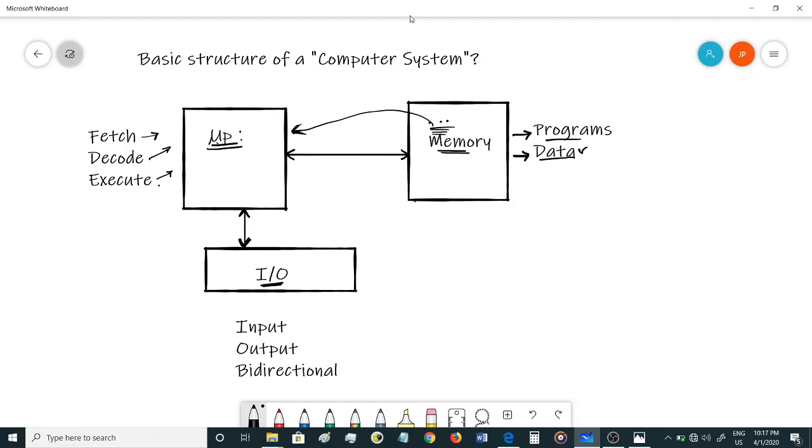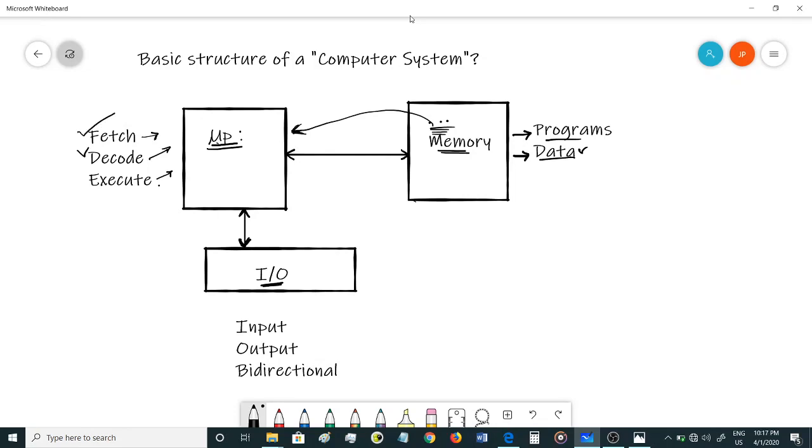Let's say you have an operational code for multiplication or maybe for division, right? The microprocessor has to understand that it has to perform a division operation. So it has to understand this opcode, this unique binary code, which is of 8 bits, and it has to perform the division operation on the numbers which are coming up. So that is known as the process of decoding.